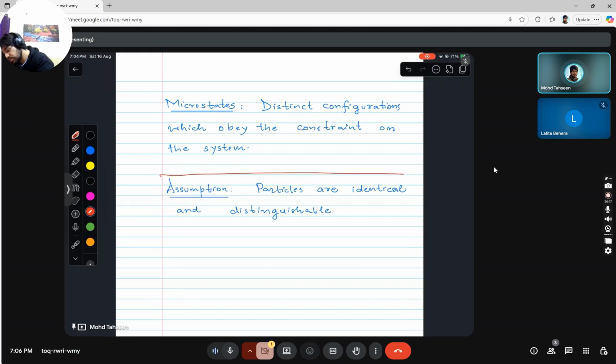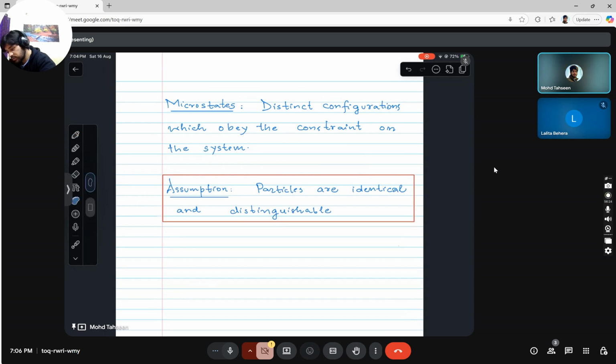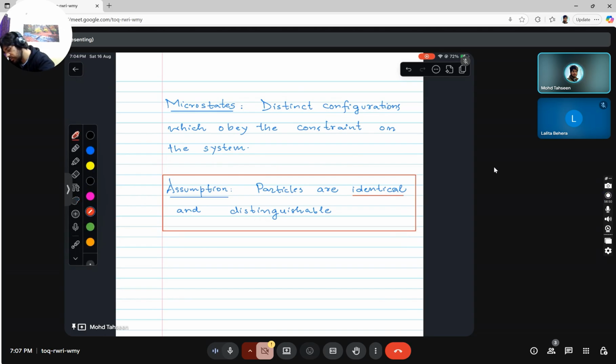And this assumption is a big assumption. It's because of this assumption that finally the model becomes unsuccessful in predicting some of the properties. So these two words are important to understand: what is identical and what is distinguishable.